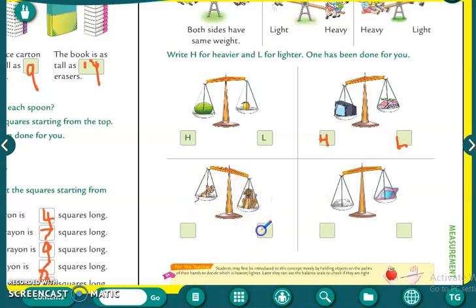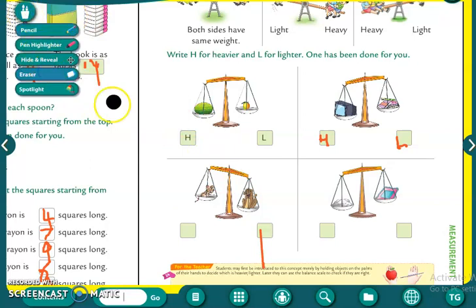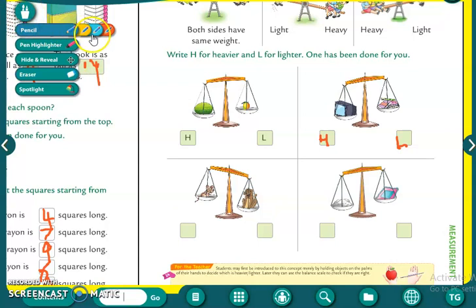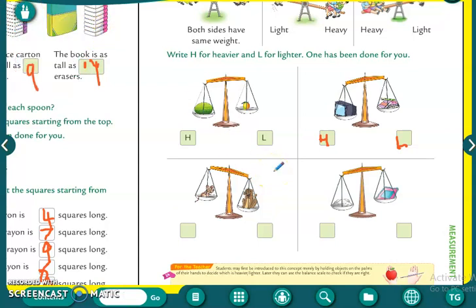The dog will be heavy, so here we will write H. And the mouse will be lighter, so we will write L. Then see this.